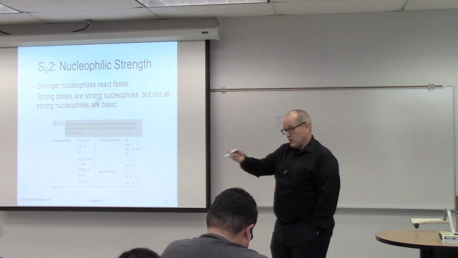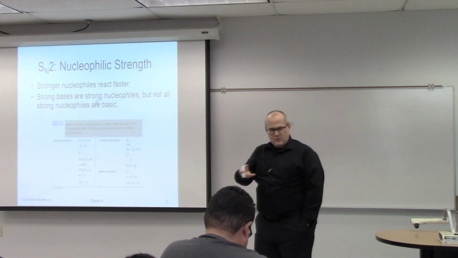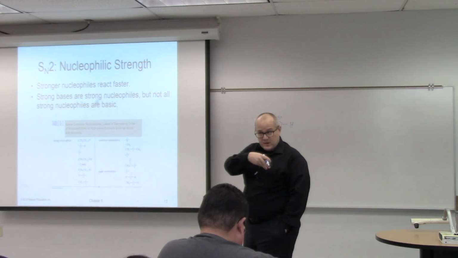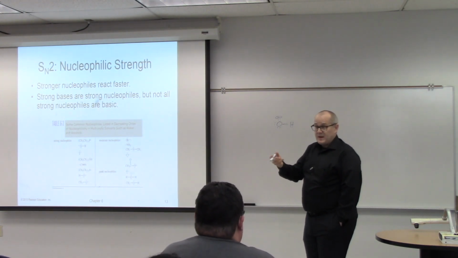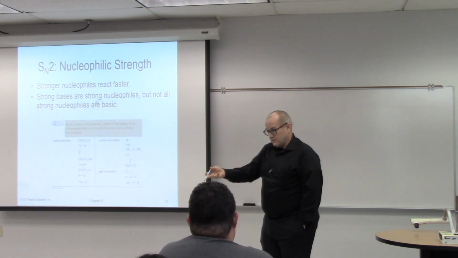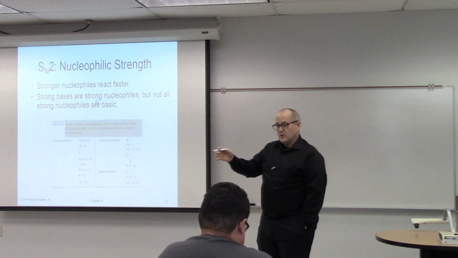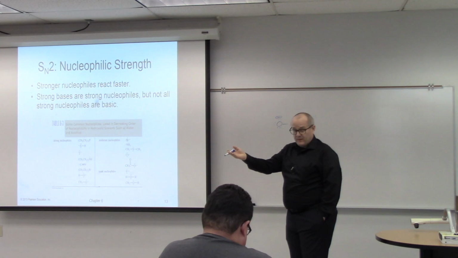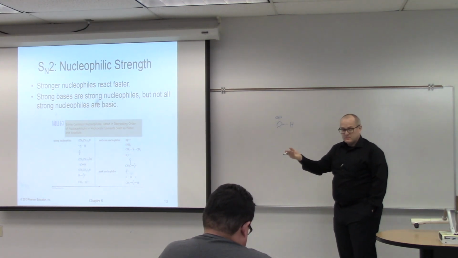It accepts a lone pair. But isn't the proton a Lewis acid too? Doesn't it accept the lone pair from the hydroxide? They're the same. It just depends on what's being attacked. If you attack a proton, you're a base. If you attack a non-proton, you're a nucleophile. So it's all about who's being attacked. Are you with me?